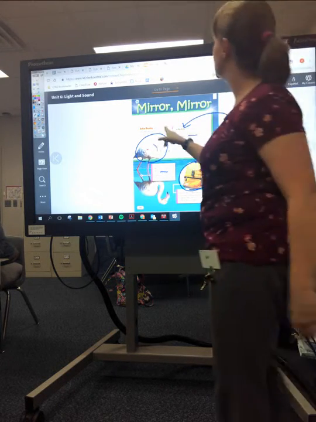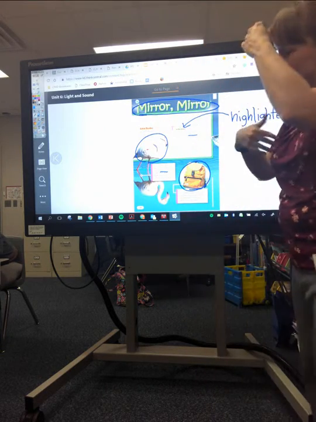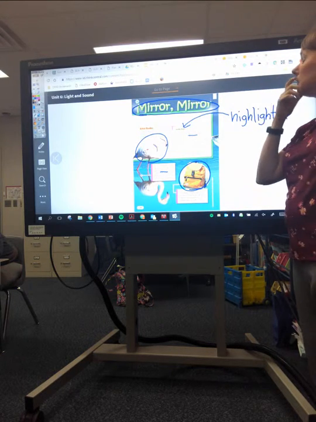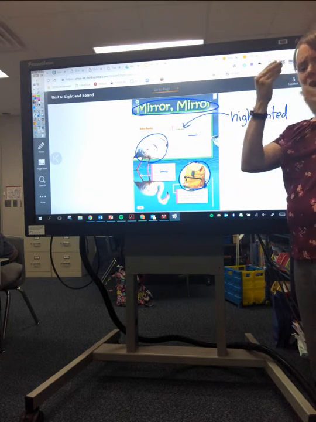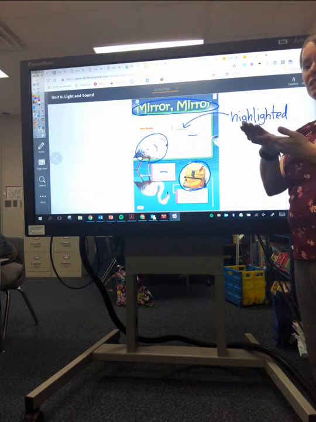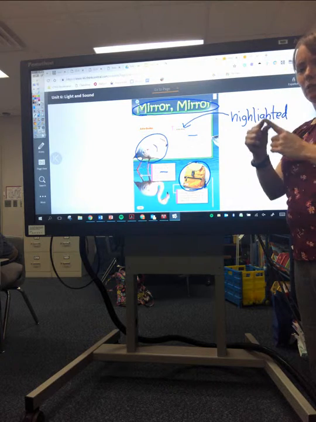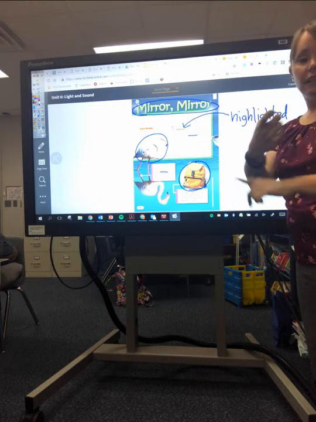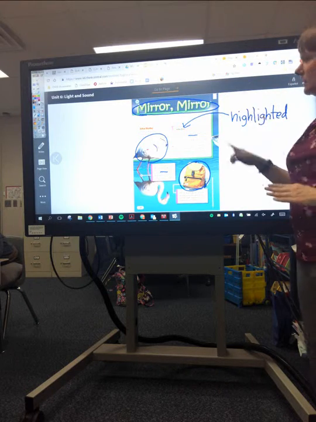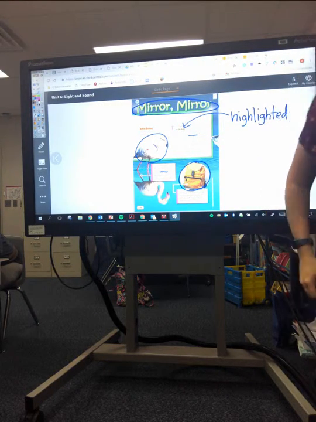The title. So I'm thinking that all these nonfiction text features can help me understand the words, like the words striking or light rays. I think these things will help me understand better.